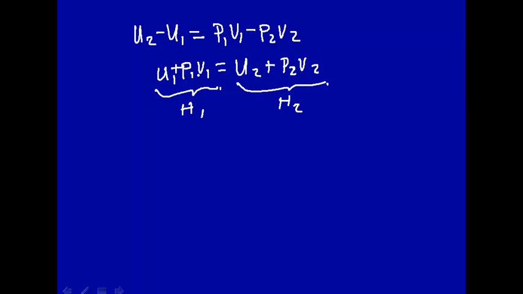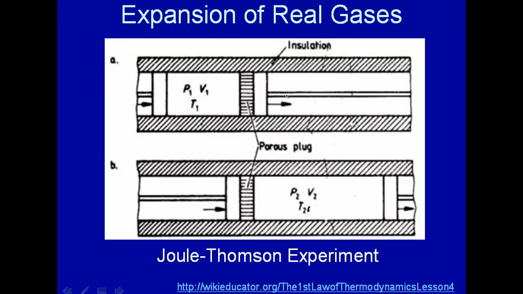Enthalpy does not change. So this implies that that particular experiment is done under isenthalpic conditions. Isn't that interesting? Okay, so this is an isenthalpic process, squeezing this, and then making it come out here at a different pressure, different volume and temperature.